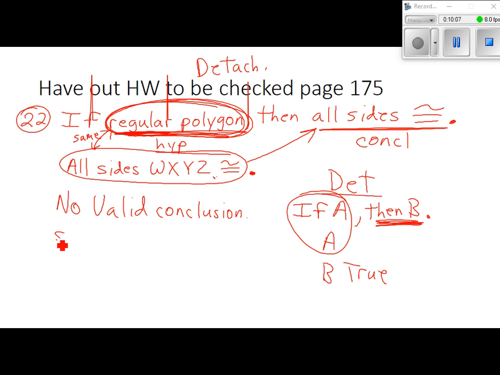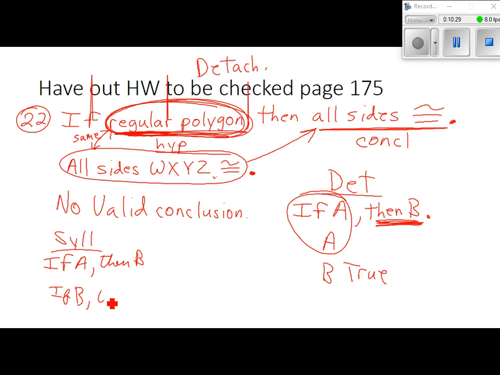Law of syllogism. It's going to start off saying something like this. If A, then B. What's the second one going to have to say to be able to use law of syllogism? If B, then... It's got to start off with whatever this ended with, right?